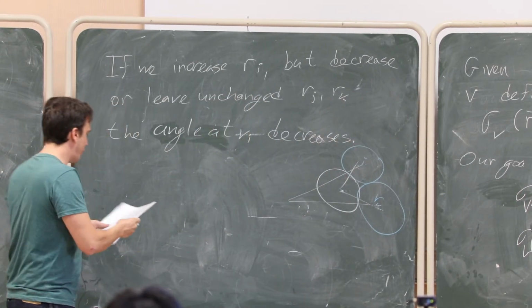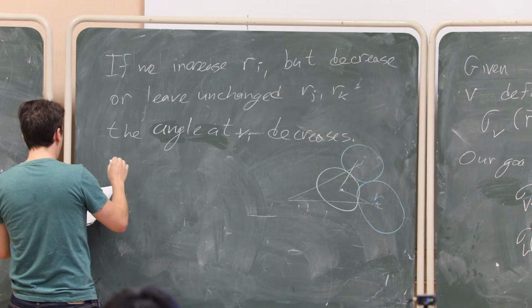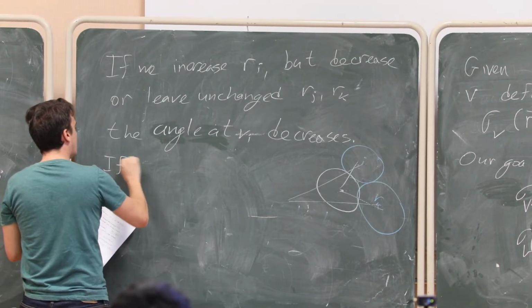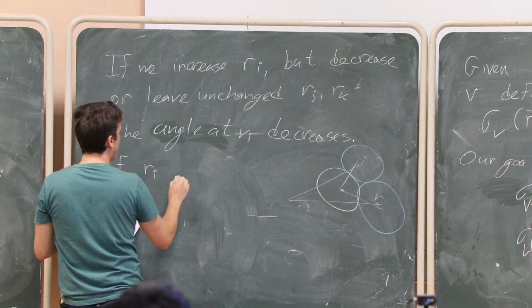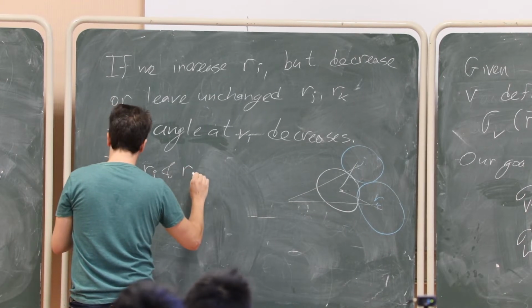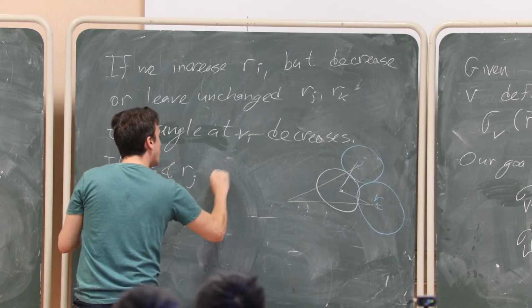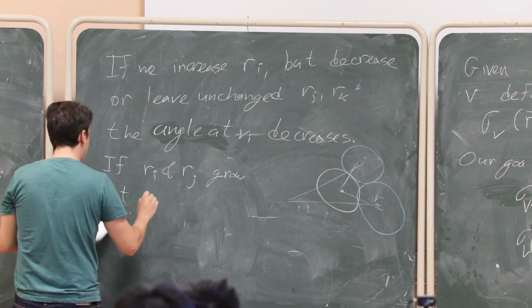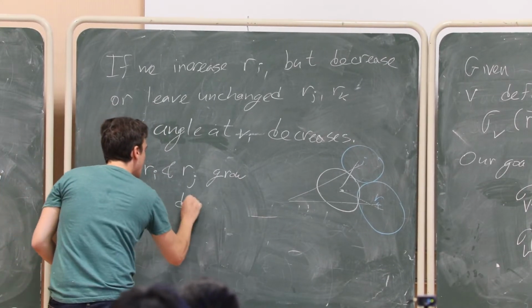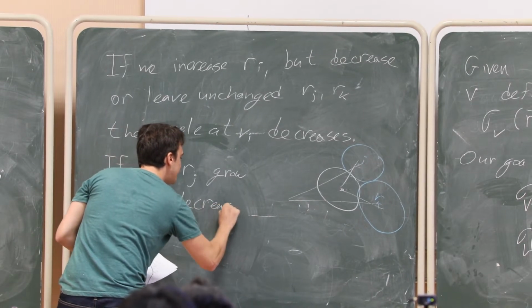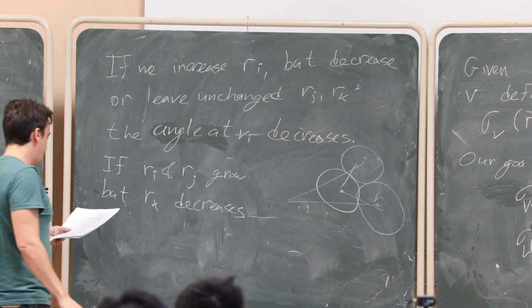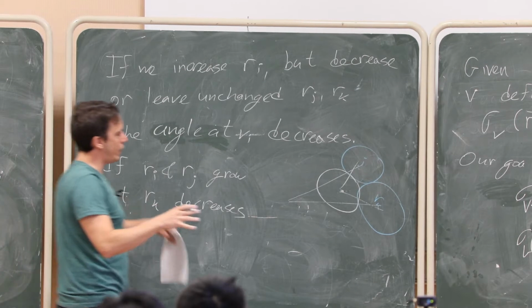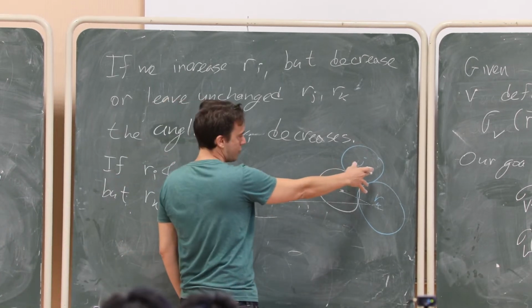And also the other way around. If Ri and Rj grow, but Rk decreases, so now it's the same thing.